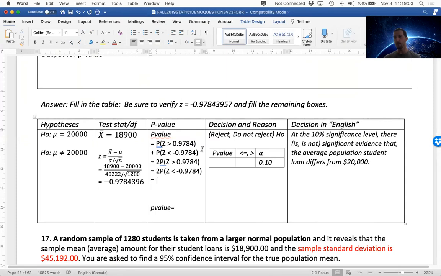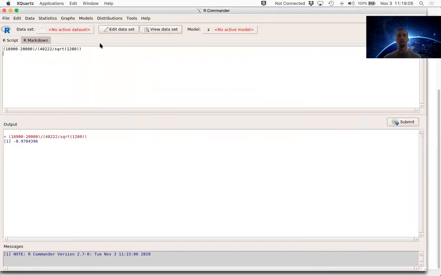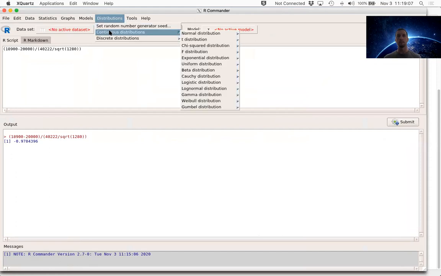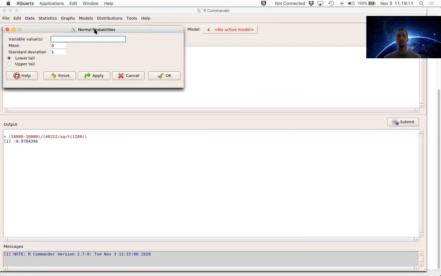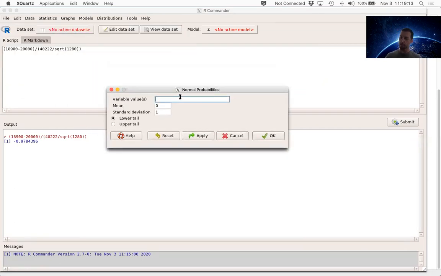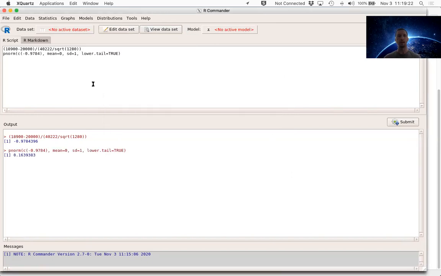And in each case, we can just multiply by 2. So we're going to click distributions, continuous, normal probabilities. Here, we're going to type negative 0.9784. We're going to do the lower tail because it's already set up for us. We'll click OK.